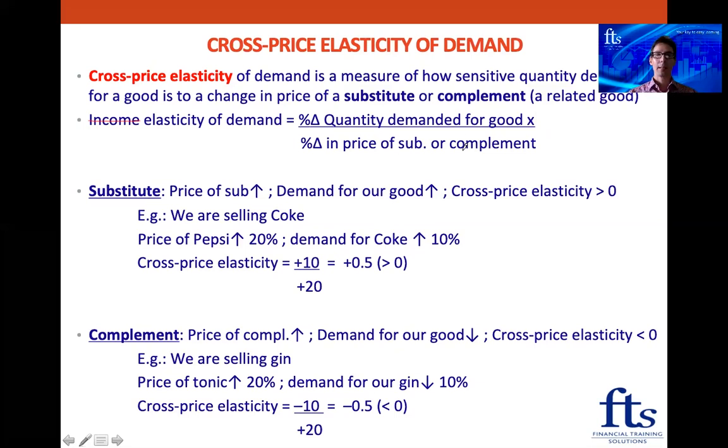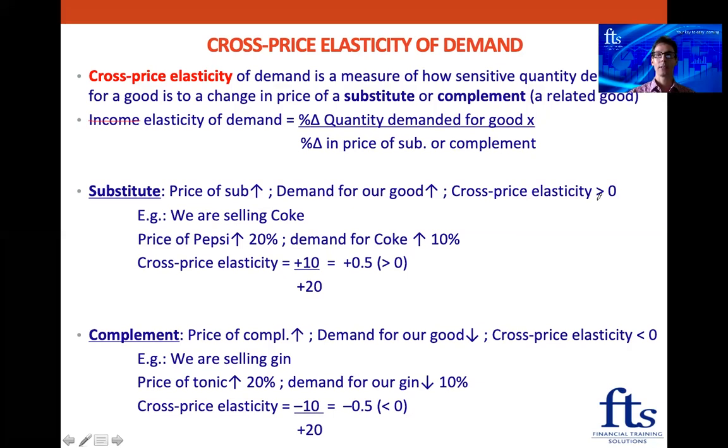So let's have a look, first of all, at substitute. So what is a substitute? A substitute is something that competes with our good. So if the price of a substitute goes up, that's good for us because their good is becoming more expensive. So the demand for our good is going to go up. And now the cross price elasticity is positive.